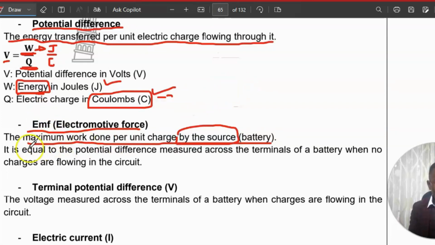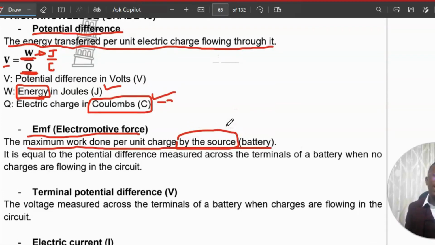So, in other words, EMF is the maximum energy needed to move a coulomb charge that is provided by a battery. That's basically what EMF is. It is the maximum work done per unit charge by the source. That's another way to put it. So write down whatever is easy for you to understand.